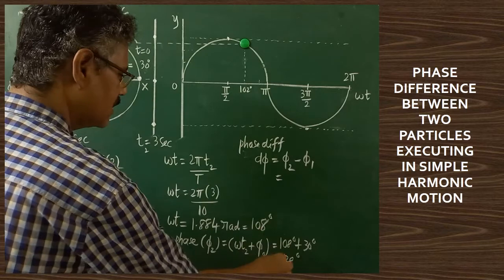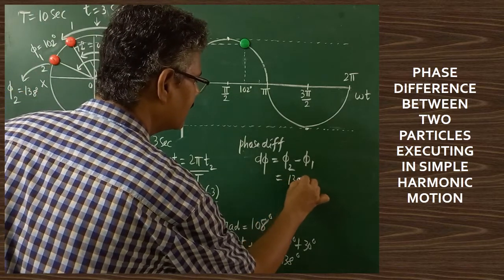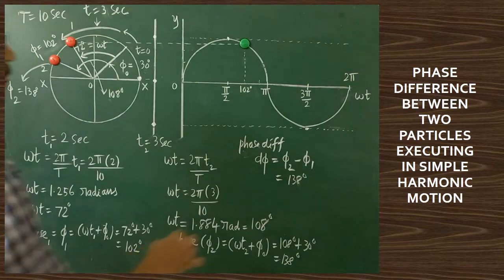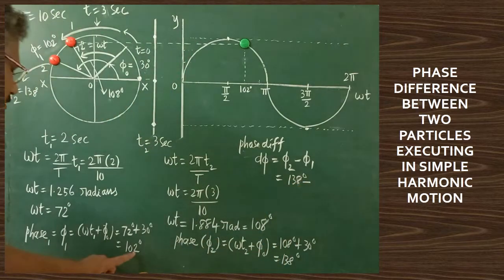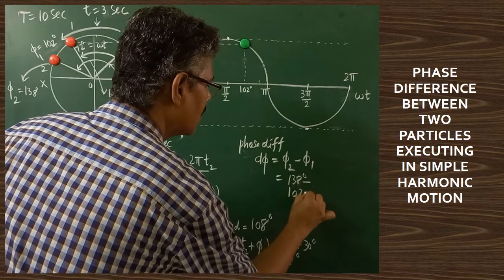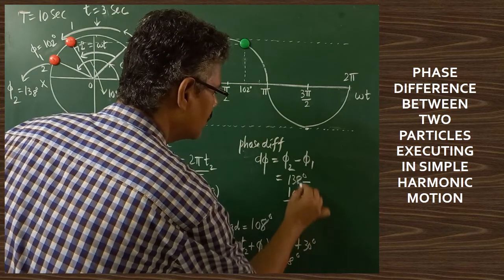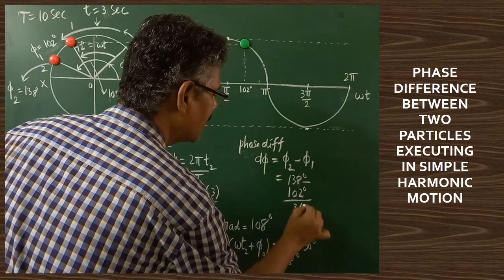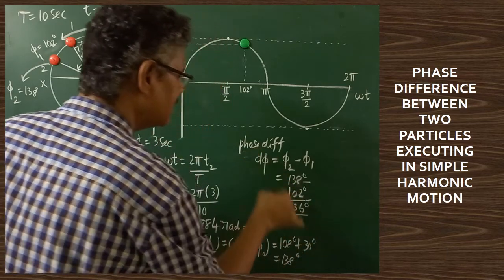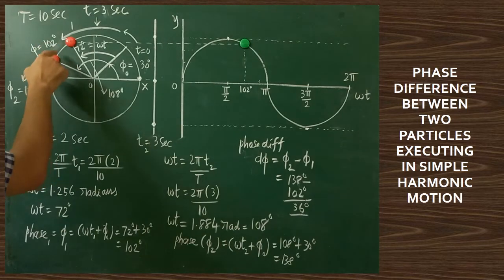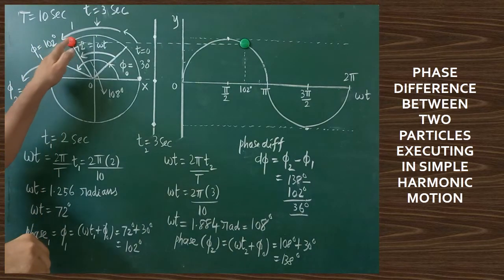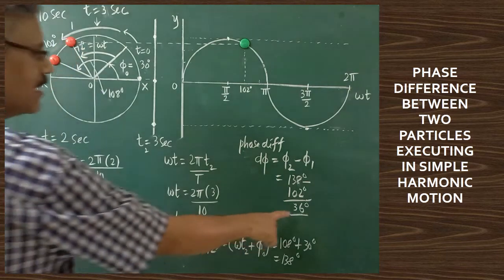Substitute the values here: 138 is the phase of the second one, minus 102 degree, the phase of the first one. Now you can calculate the phase difference: 36 degree. This is the phase difference between the second one and the first one. The second one leads the first particle by an angle of 36 degree.